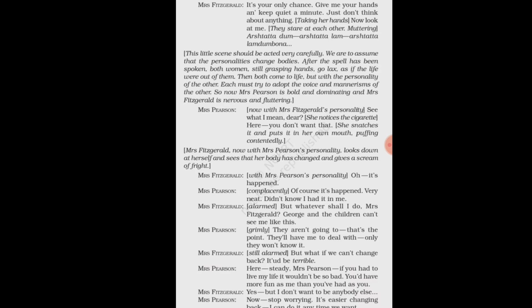Mrs. Fitzgerald, still alarmed: But what if we can't change back? It would be terrible. Mrs. Person: Here, steady, Mrs. Person. If you had to live my life, it wouldn't be so bad. You would have more fun as me than you've had as you. Mrs. Fitzgerald: Yes, but I don't want to be anybody else. Mrs. Person: Now stop worrying. It's easier changing back. I can do it anytime we want. Mrs. Fitzgerald: Do it now.